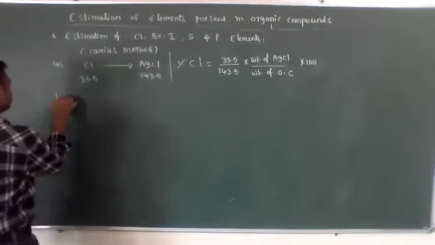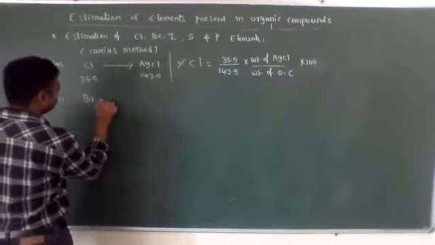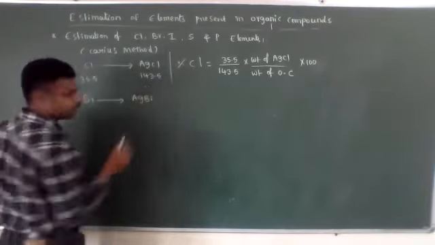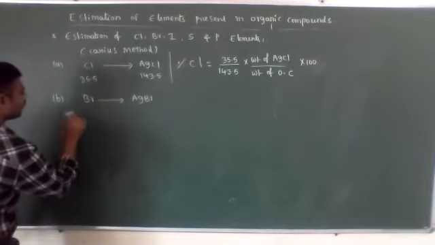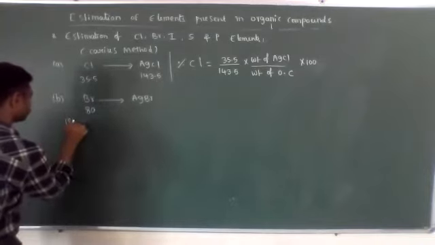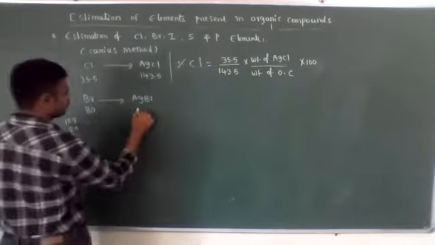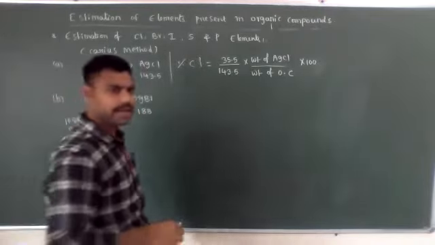Now the second, bromine is present. The bromine is converted into silver bromide, AgBr. Bromine gram atomic weight is 80. Now silver bromide, 108 plus 80, total 188. So the gram molecular weight of AgBr is equal to 188.